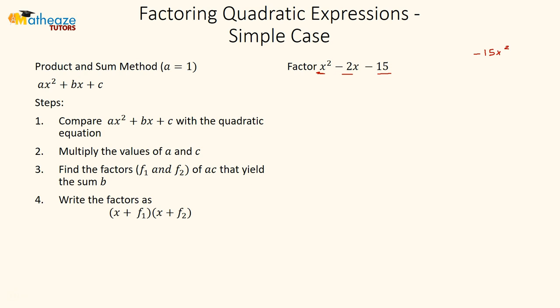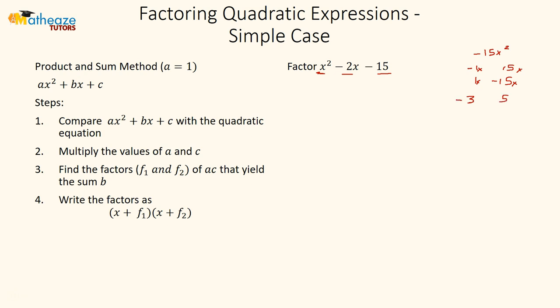So if we look at negative 15x squared, let's look at potential factors 1 and 15. And because it's negative, one of them has to be negative. We have 1 and 15. Let's put an x here because we're dealing with x squared. And we have 3 and 5.